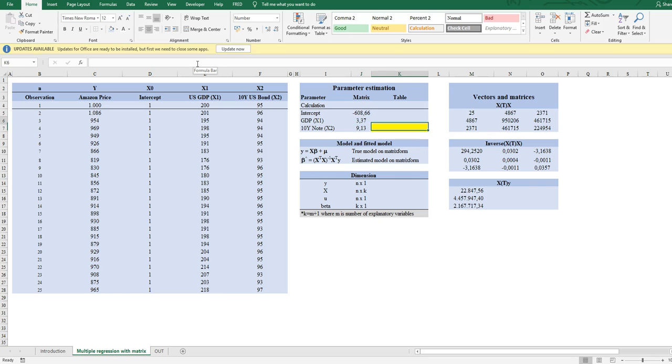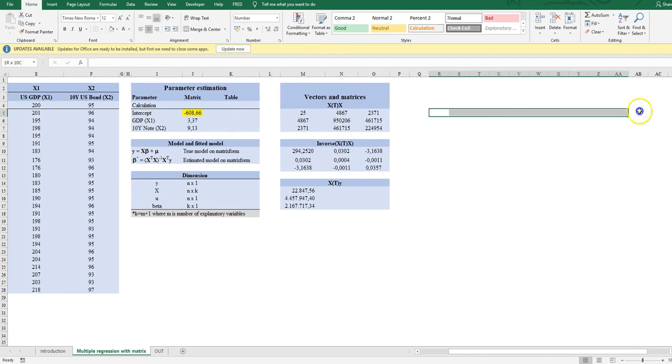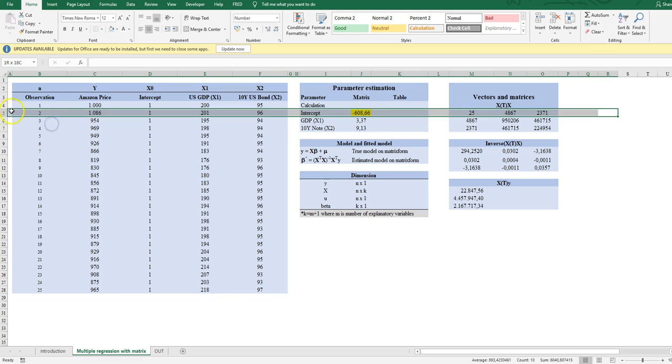So what we see is the intercept is minus 608. Never mind the implication. GDP estimate 3.37 on the parameter and 9.13 on the 10-year bond. We can double check the result, and then I'll find out if this is correct or the one that I did in the rehearsal.